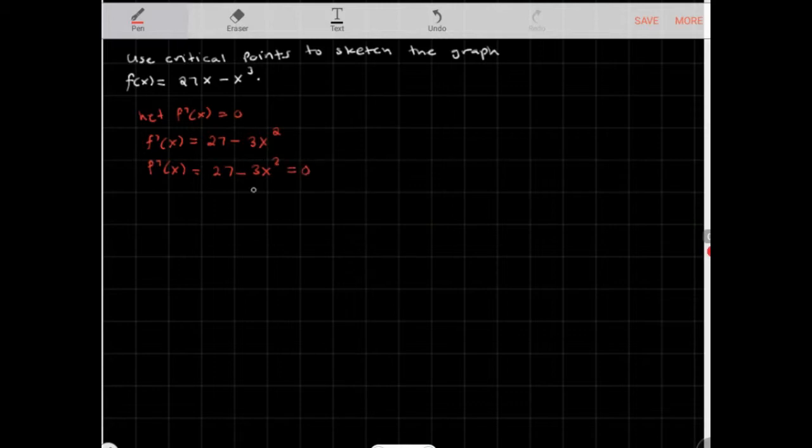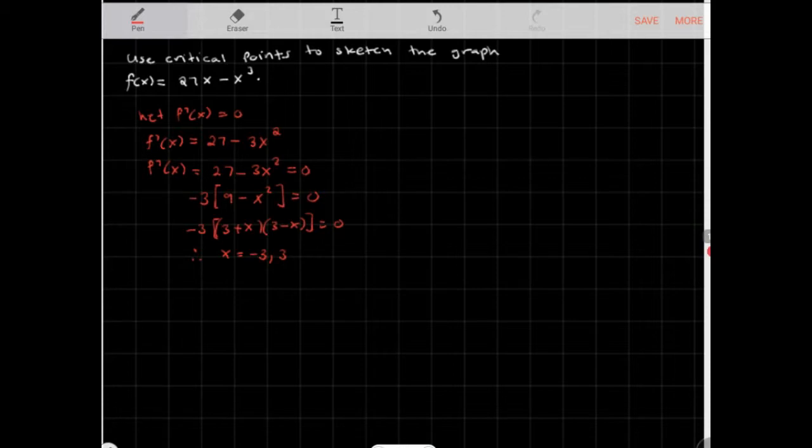I'm going to factor out a negative 3, so you get 9 minus x squared is equal to 0. And if you use difference of squares, you get 3 plus x times 3 minus x is equal to 0. So therefore, x can be equal to negative 3 or positive 3.